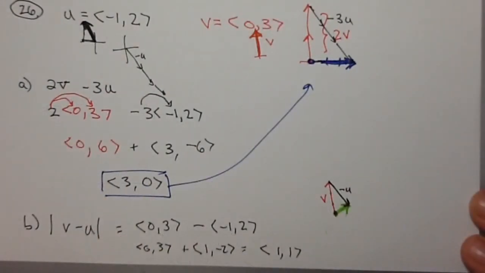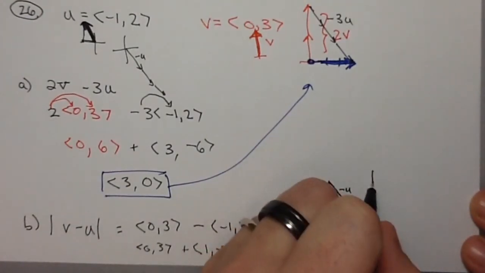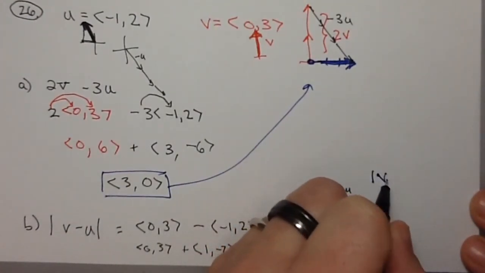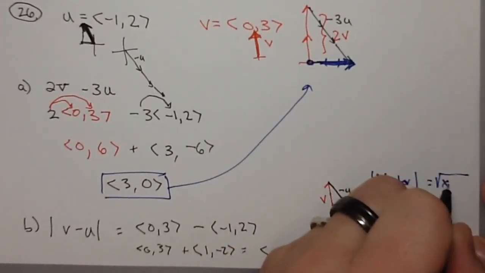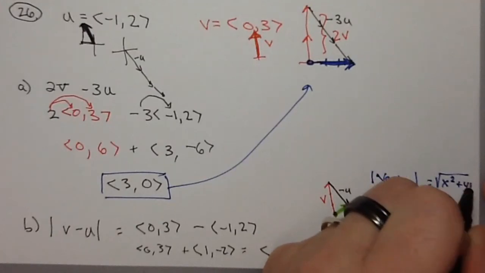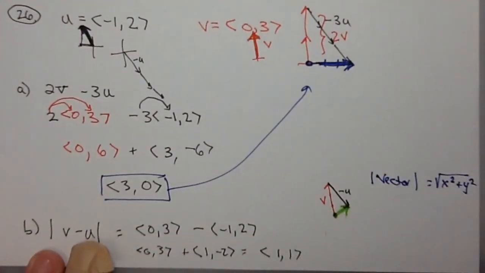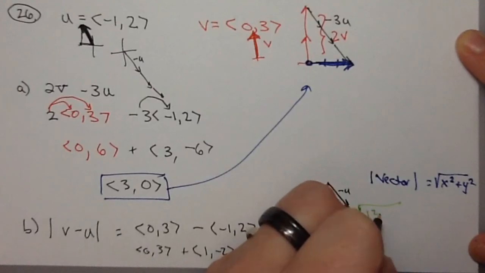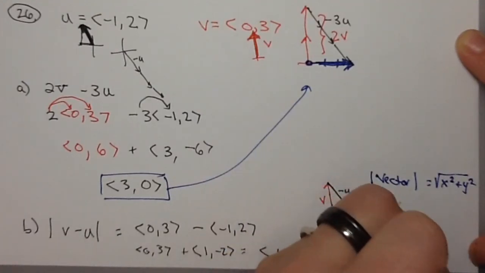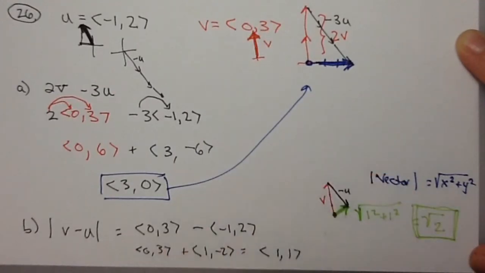Whenever you're finding the magnitude of any vector, it's just the square root of the x component squared plus the y component squared. So for our little green vector right here, this one is going to be the square root of 1 squared plus 1 squared, which is the square root of 2. So that is our answer.